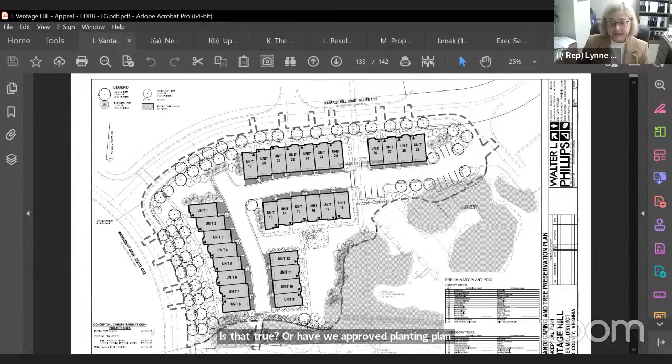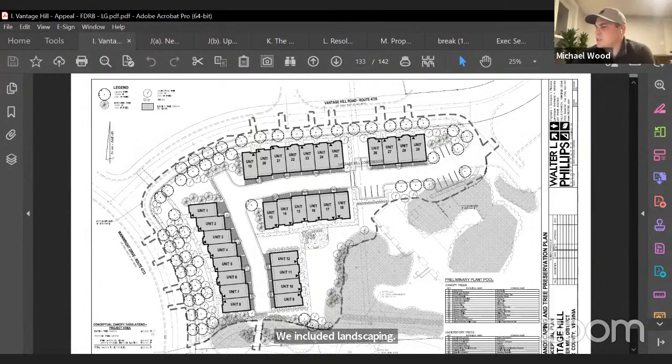We included the landscaping. I don't know if there's a specific bush picked out, but I think in our motion we could say that it's an evergreen shrub appropriate for its environment. I don't want to tell them a specific plant that they need to use.